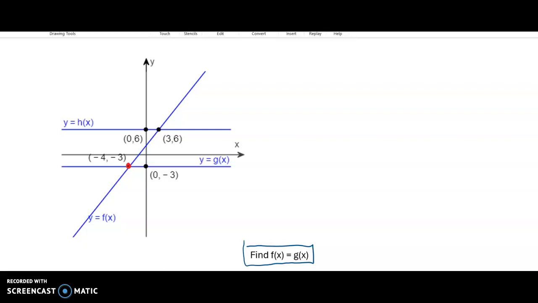They intersect at the point -4, -3, but only one of those represents our answer. If we were solving a linear equation as we did in the last problem, the answer was always the x value. So f of x equals g of x at x equals -4.